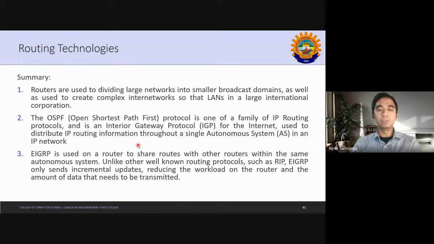EIGRP is used on a router to share routes with other routers within the same autonomous system. Unlike other well-known routing protocols such as RIP, EIGRP only sends incremental updates. This reduces the workload on the router and the amount of data that needs to be transmitted.